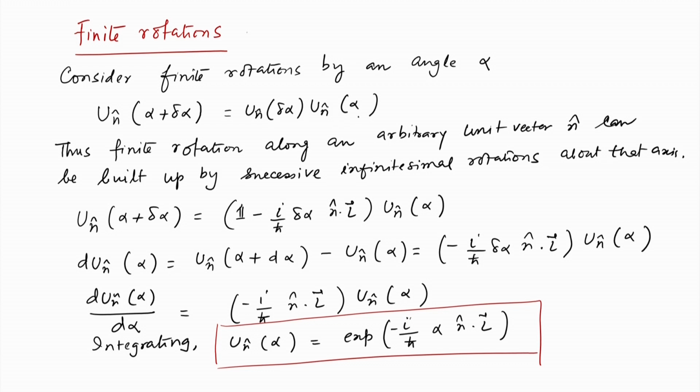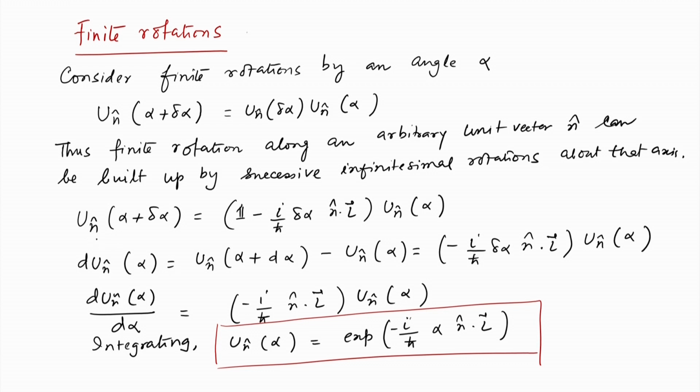You can write it in any order you want, because it is a rotation about the same axis. So, the finite rotation along any arbitrary unit vector n cap can be built up by successive infinitesimal rotations about that axis, and Un cap alpha plus delta alpha equals 1 minus i by h cross delta alpha n cap dot L, times Un alpha.